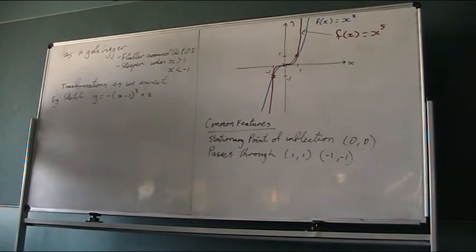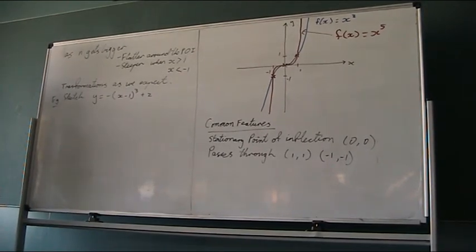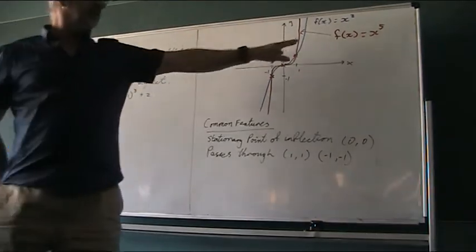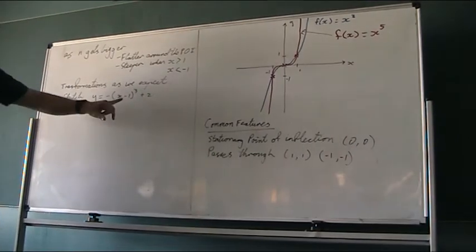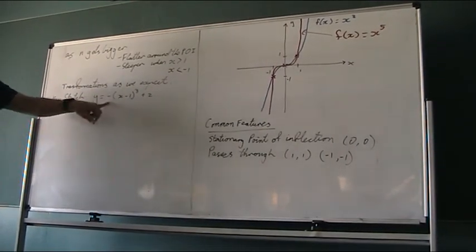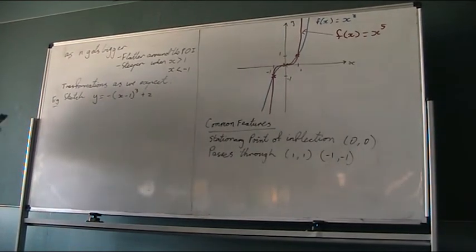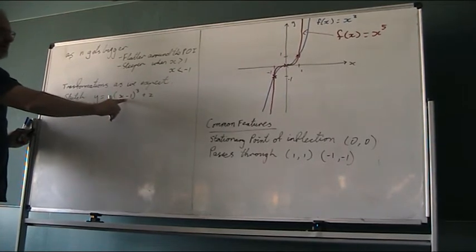All right. So with this here, we've got a 3 up here, so it's a cubic. So that means it's like this one here, x cubed. But we've got some stuff that's been done to it. So if we look in order, what have we got? So here's the x. What happens here?